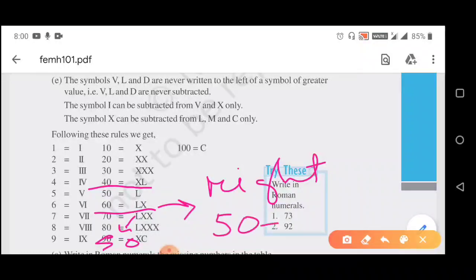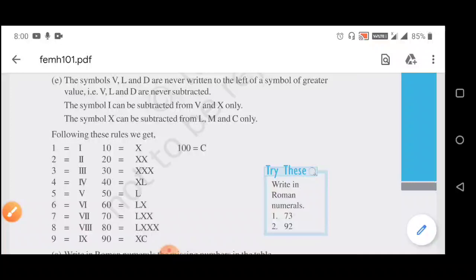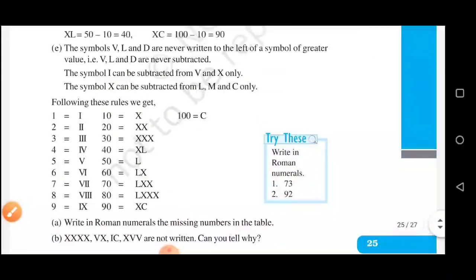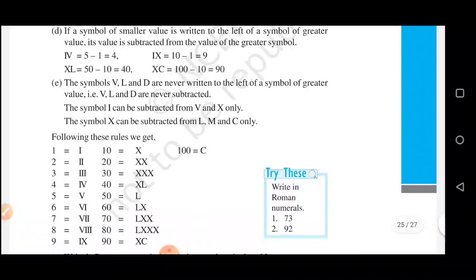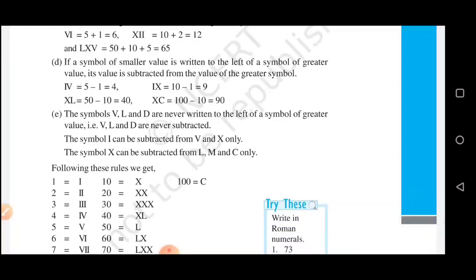So here it will be 50 plus 10 and it will become 60. So in this way these rules are given, so we can write Roman numerals using these rules.